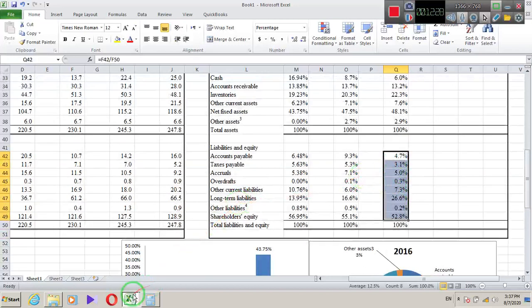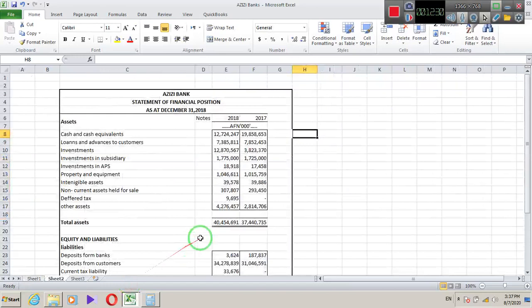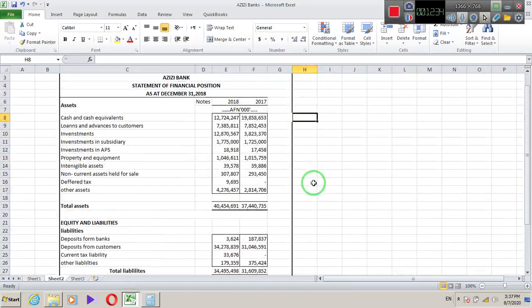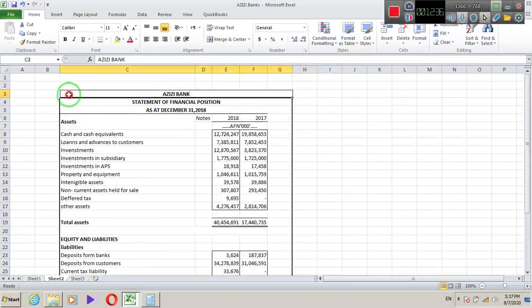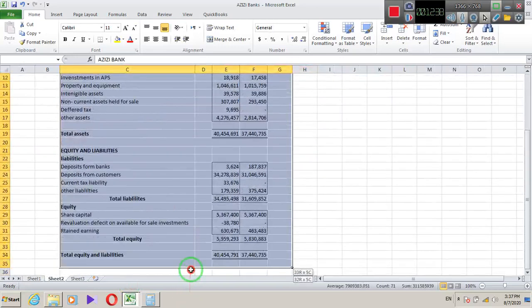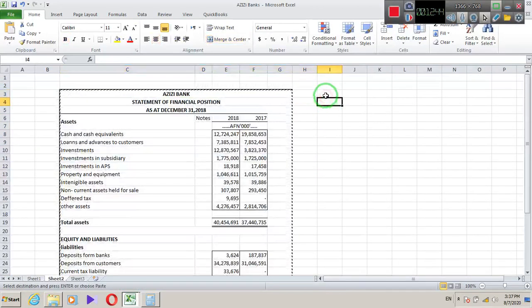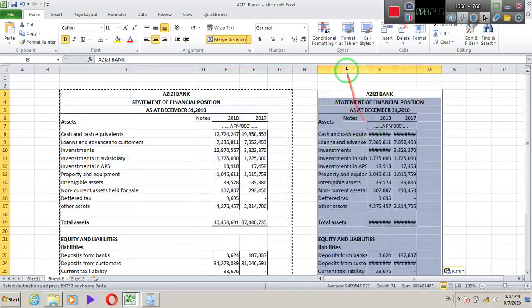Now I have the report of Azizi Bank balance sheet. We are trying to perform vertical common size analysis on this. So, copy and paste.